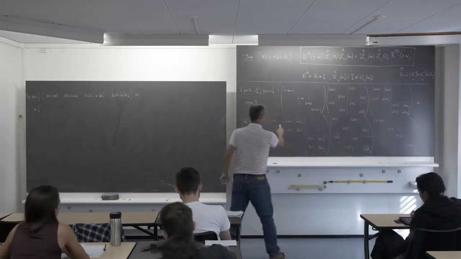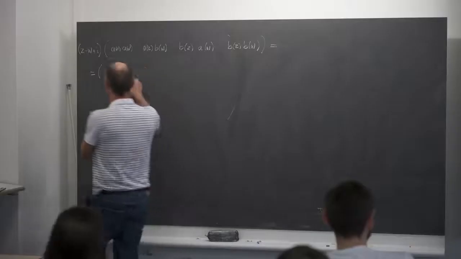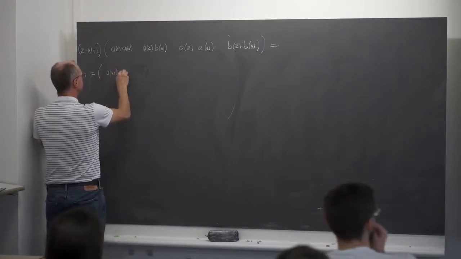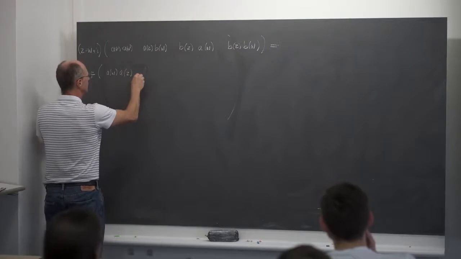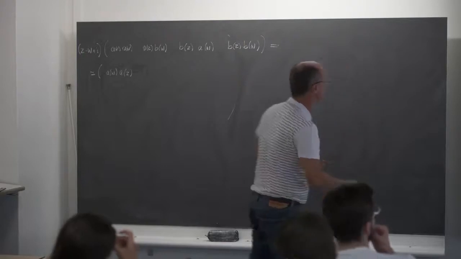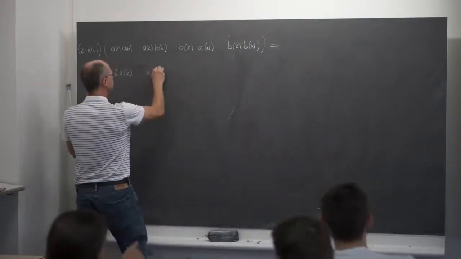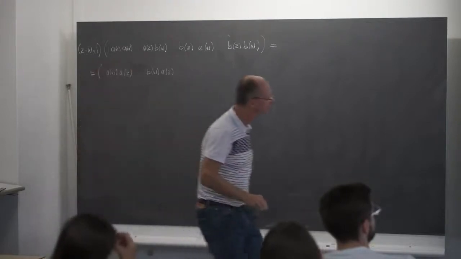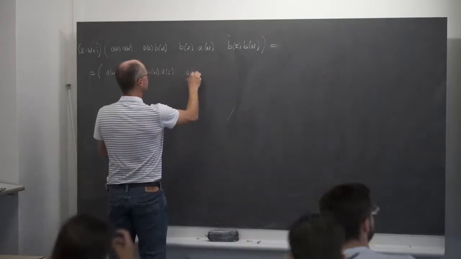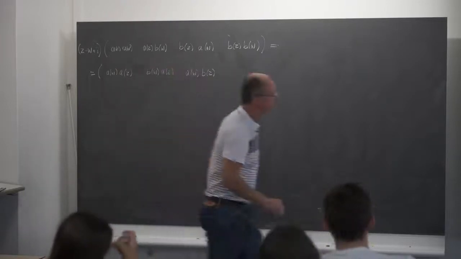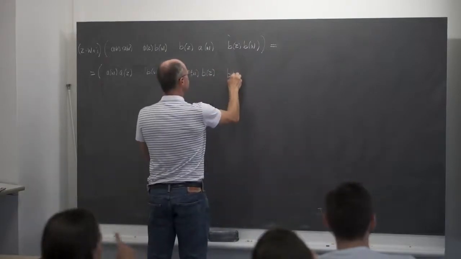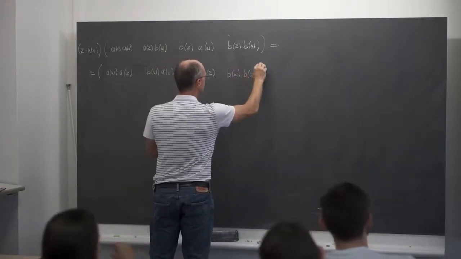So it will be A of W, A of Z, then B of W, A of Z, then A of W, B of Z, and then B of W, B of Z, but now that's not the end of the story.